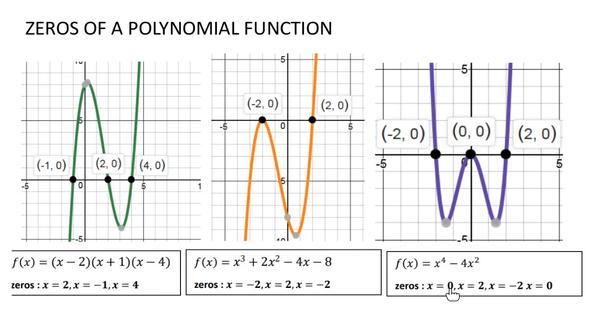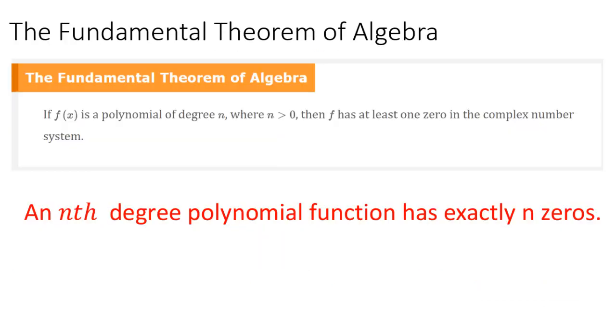Notice that x equals 0 appeared twice, and the graph just touched. If the number appears an even number of times, like x equals 0 and x equals 0, then your graph is just going to touch and turn. And if it appears an odd number of times, then the graph is going to cross the point. You want to know that information for when you have to graph the polynomial.